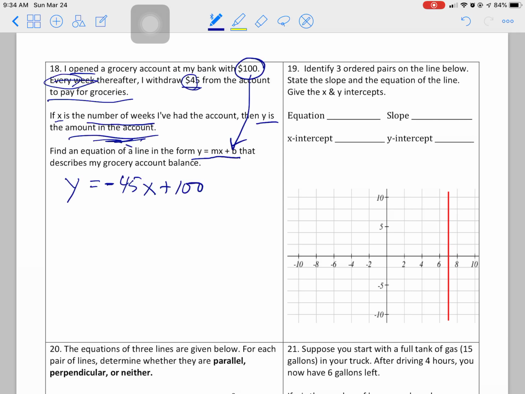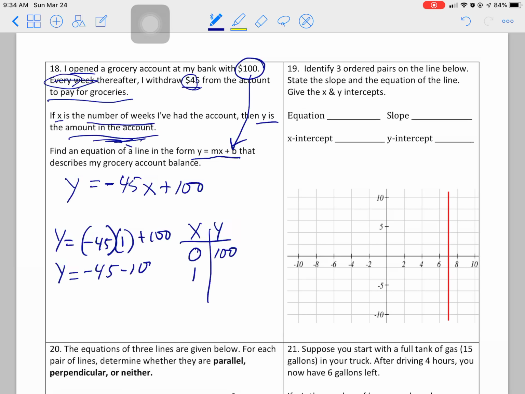I really don't know what kind of work to show for that. I think that's it. Let me just prove it to you for a minute. If you put in a 0 for x, you're starting out, okay? You open the account with $100 when x is 0. And then the first week, you took out $45. So that subtracts the $45 from the 100, and I don't have a calculator.